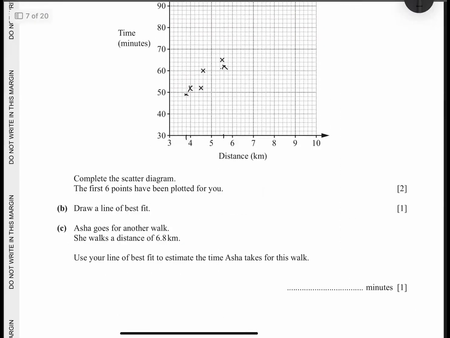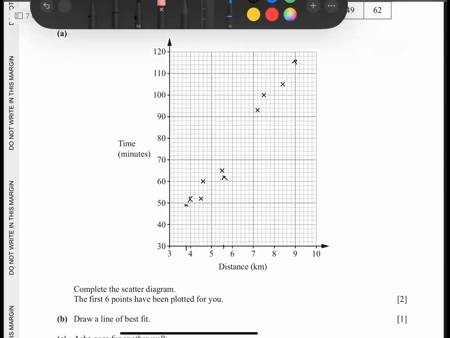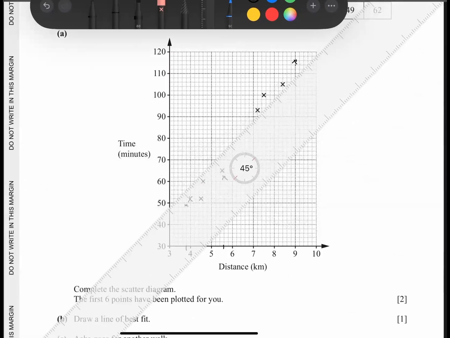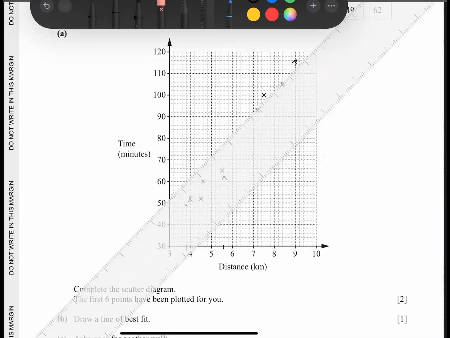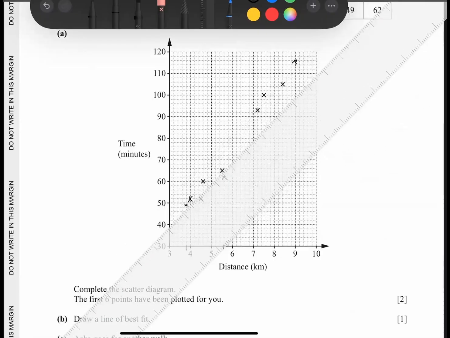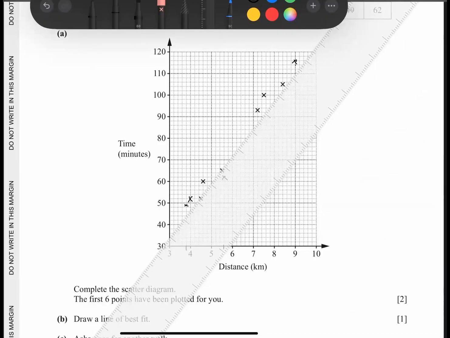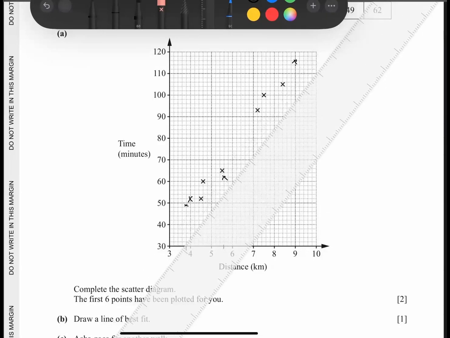Now we need to draw a line of best fit. To draw a line of best fit, we're gonna need to put an equal number of points above the line and below the line. It isn't a rule, but you're best off if you do it. So we have 10 points, right?